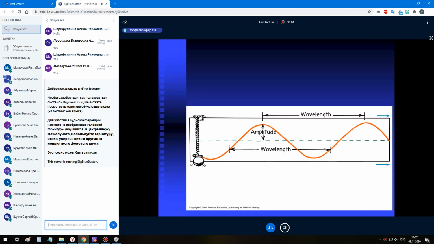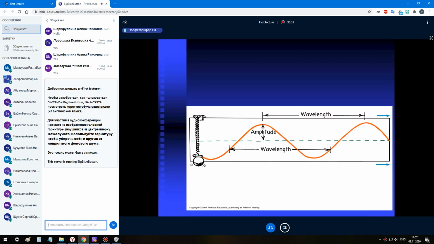This slide shows the vibrations of a spring, with a mass at the end of the spring.